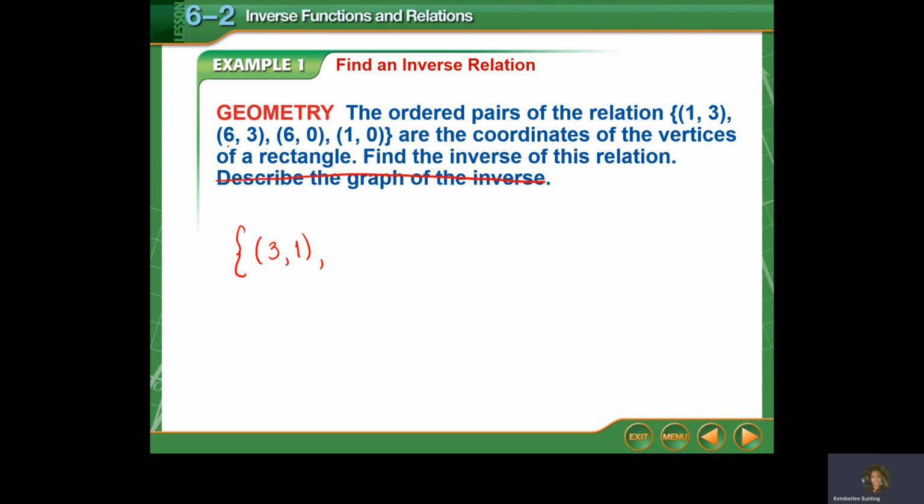And (6, 3) is going to become, (6, 0) becomes, and (1, 0) becomes, yes, X and Y switch places. That's it. Now, is it going to become more intricate? Yes. But the hallmark is the same. X and Y switch places, period. Okay. May I proceed? Okay.